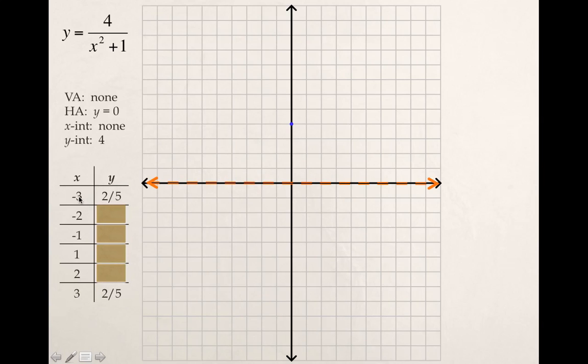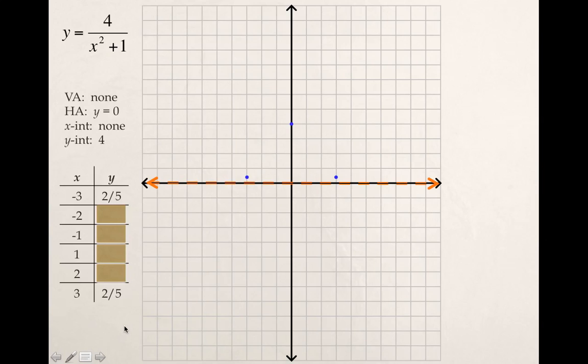Because when I square negative 3, I get the same thing as when I square positive 3. So when I put negative or positive 3 in for x, I end up with an answer of 2/5. And so I can graph negative 3, 2/5, and positive 3, 2/5 as two different points that I know have to be on my graph.